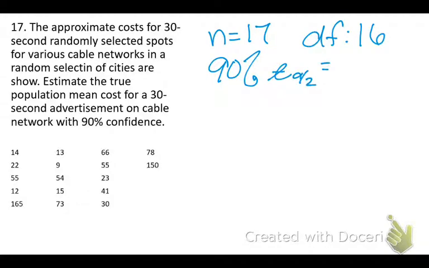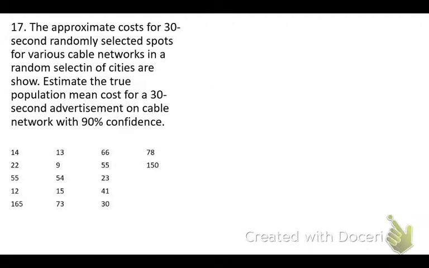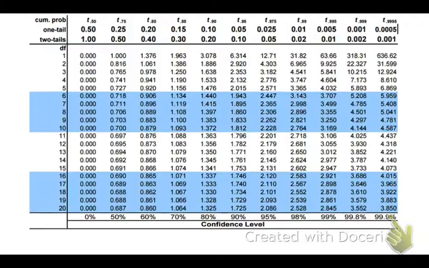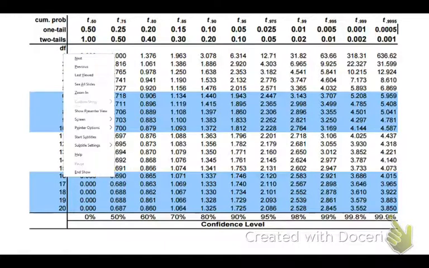And I need to use the calculator to figure out what is my mean and what is my standard deviation. So I'll do the easier of the two first. I'm going to go ahead and find my t-score. So we can go back to this table, and we have a degree of freedom of 16, which is going to be this value down here.